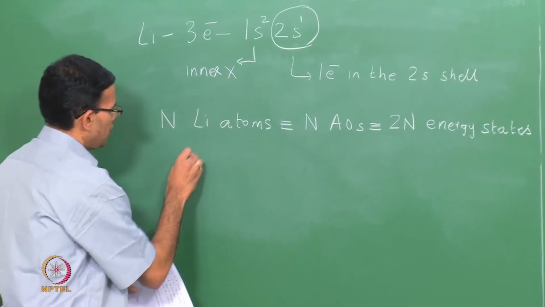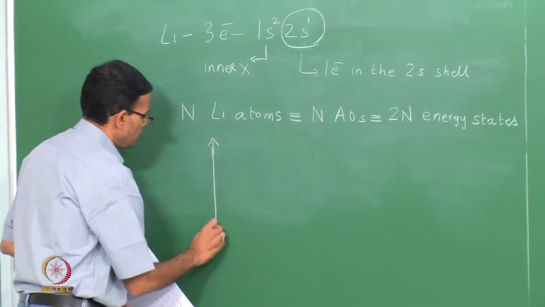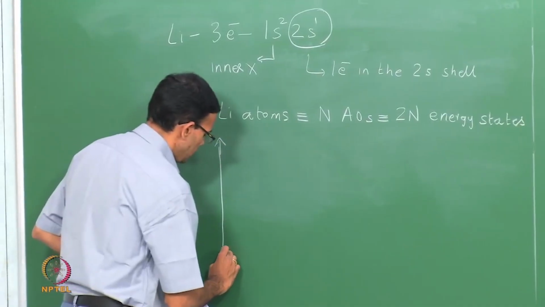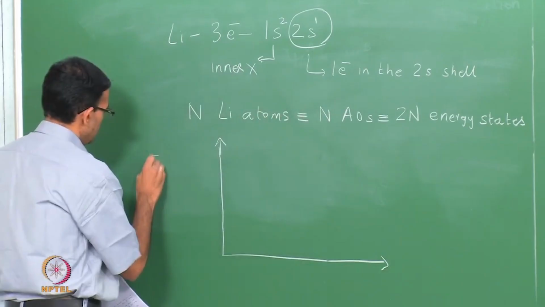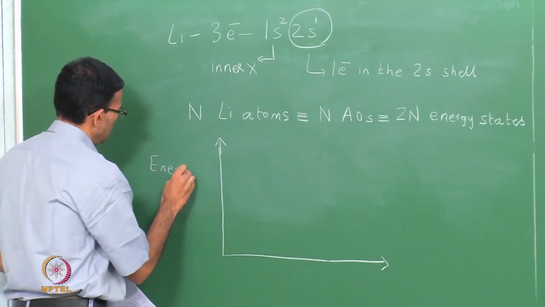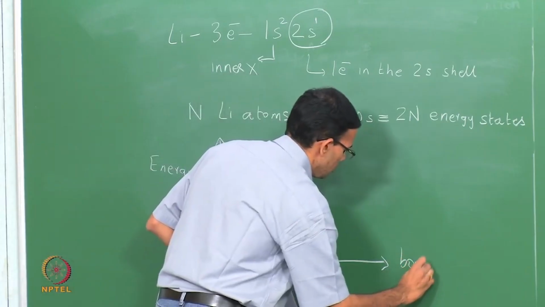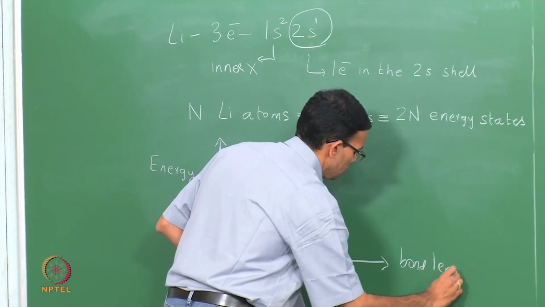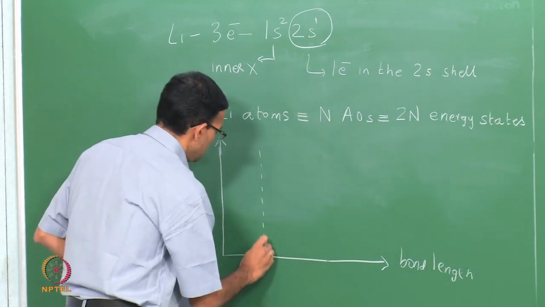Once again, we can draw an energy versus bond length diagram for lithium. So, we have energy on the y axis, bond length on the x axis, then you have the equilibrium spacing here.